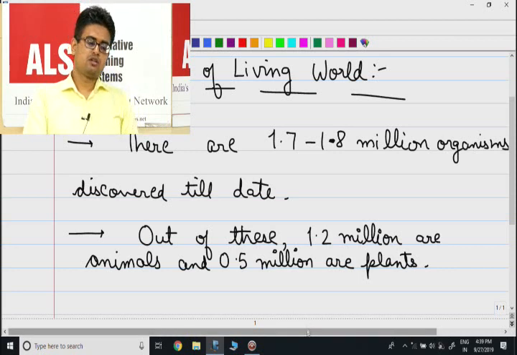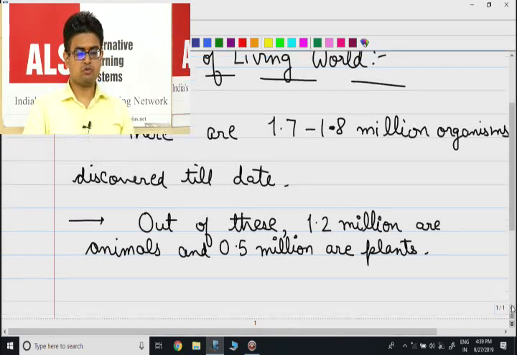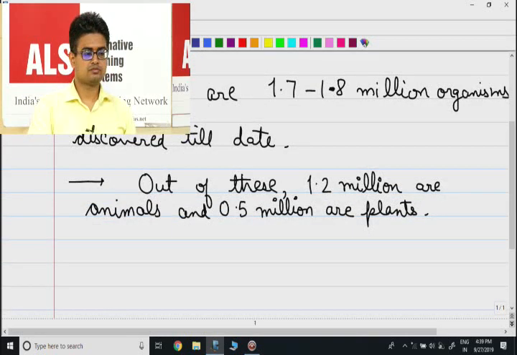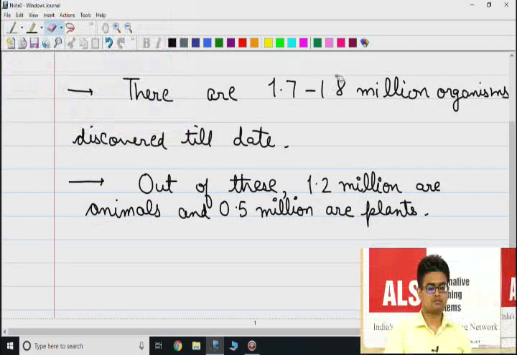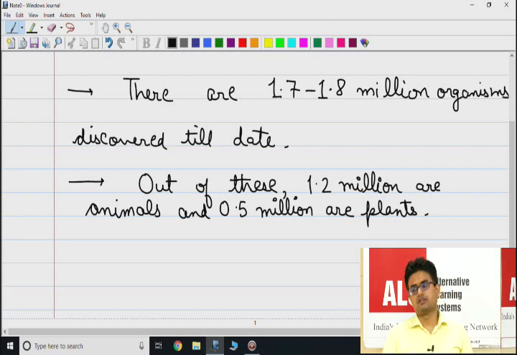Okay. So out of these organisms, 1.2 million are animals and 0.5 million are plants. So total is 1.7 to 1.8 million. Okay. So if somebody asks you one number, then you will say 1.7, because 1.8 is still not complete.